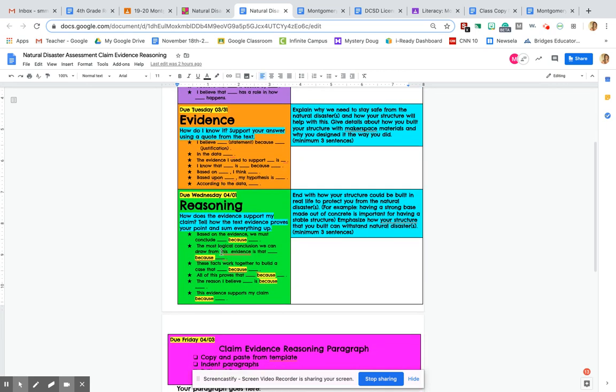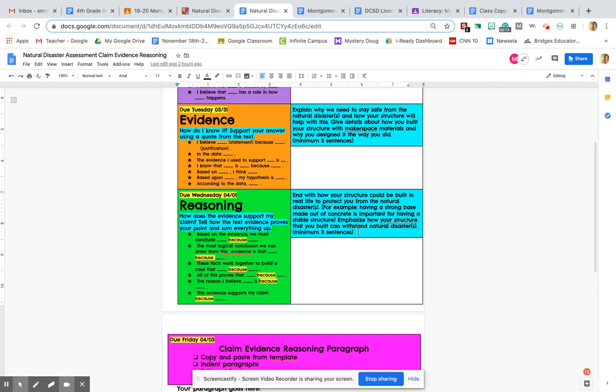But back to our reasoning, you are going to end with how your structure could be built in real life to protect you from the natural disasters. Here's an example for you: having a strong base made out of concrete is important for having a stable structure. Emphasize how your structure that you built can withstand natural disasters.